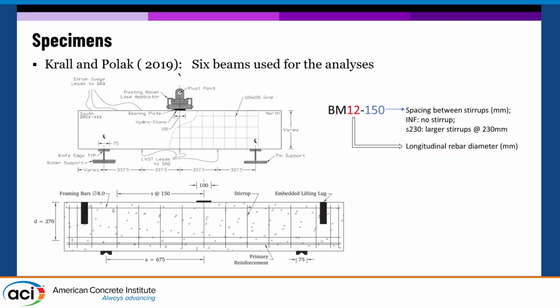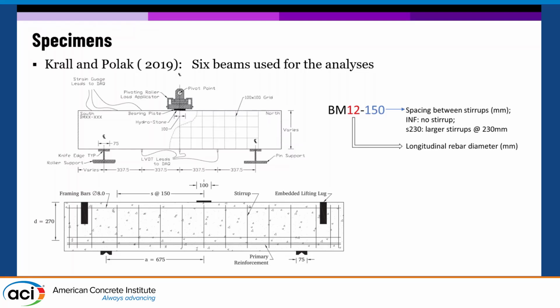So I'm not going to spend too much time, even though I have the whole hour, to describe the test program. This is the experimental setup of our own test, 3-point bending. We had stirrups with different spacings, relatively simple tests.